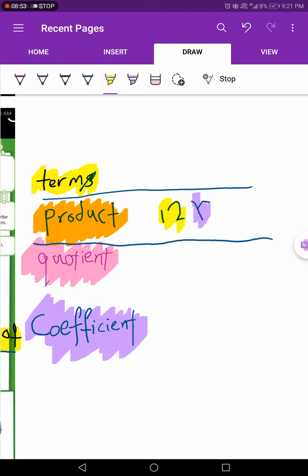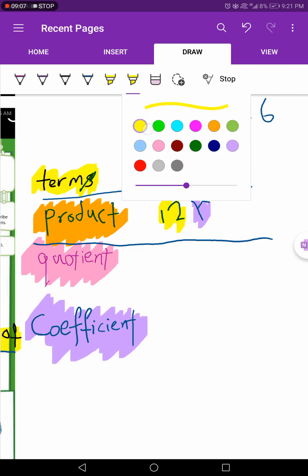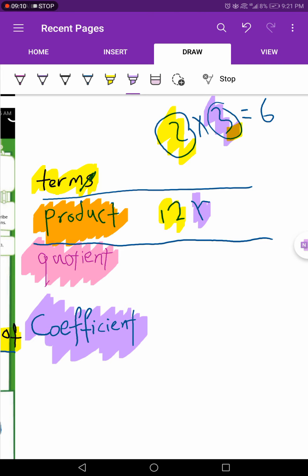So teacher, when we take 2 multiply 3 equals 6, the 2 is a factor and the 3 is a factor of 6. Yes, we call them factors of 6. So the 6 is the product and 2 and 3 are factors, like 12 and r are factors, and the product of them we call 12r.